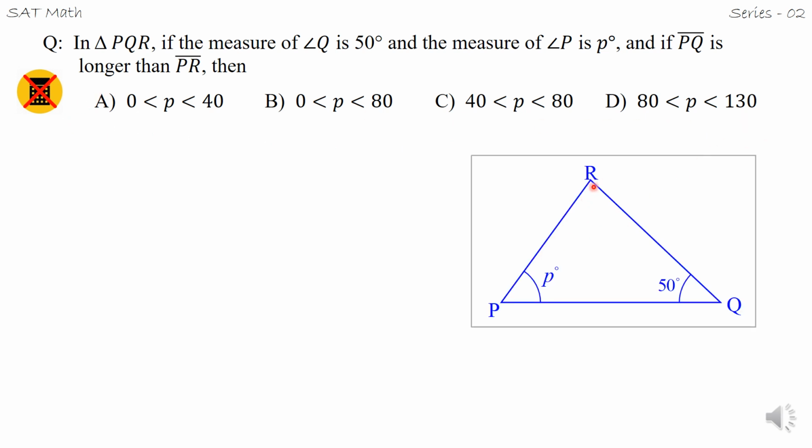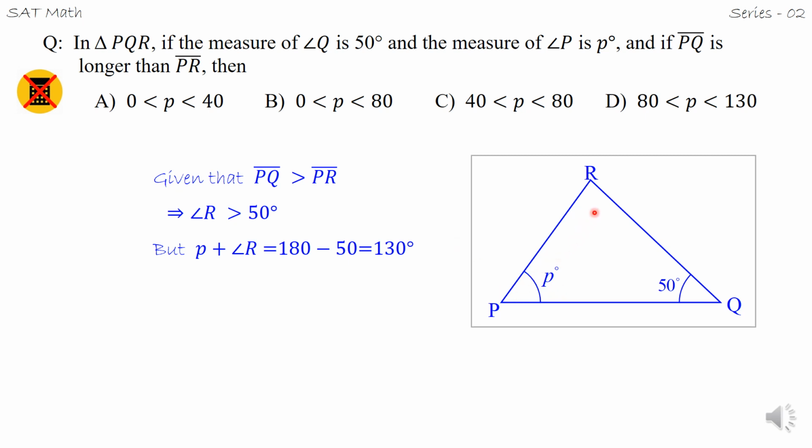Let us draw a diagram with the given information. It is given that PQ is greater than PR. So angle R is greater than 50, because we know that the angle opposite to the longer side is greater. So angle R is greater than 50.